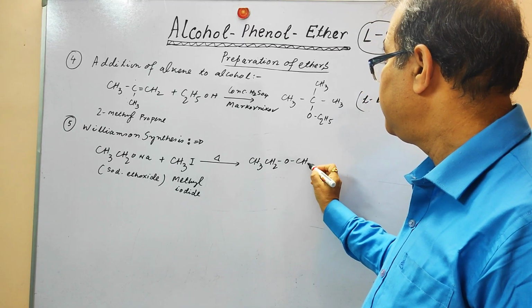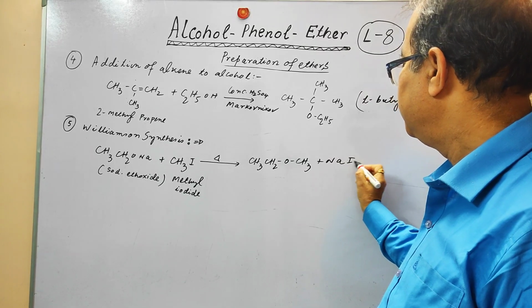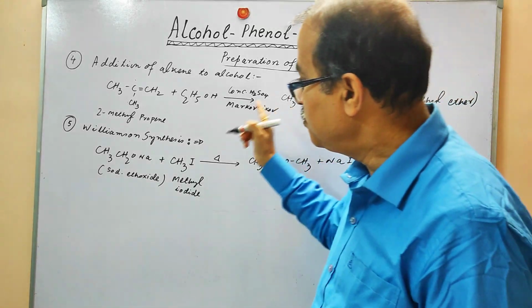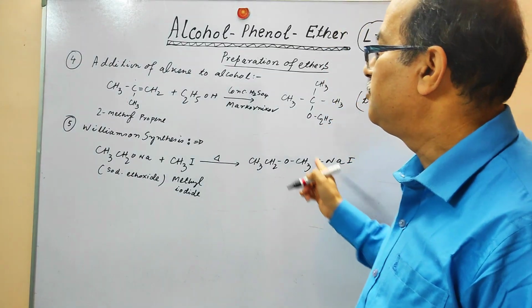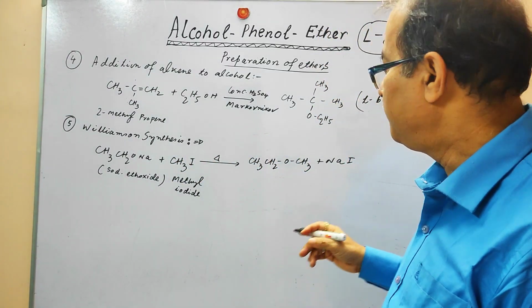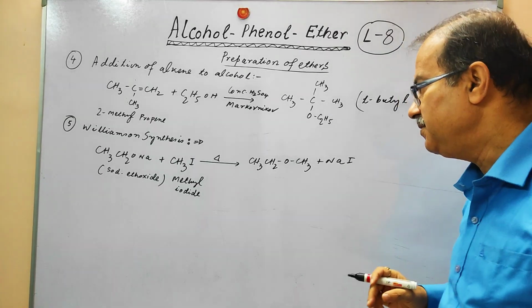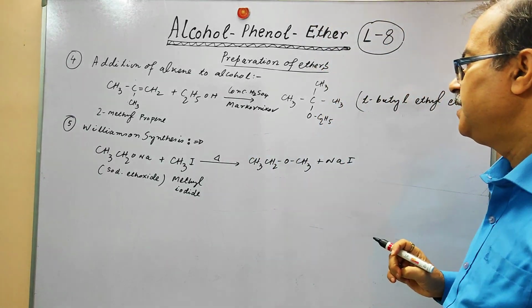Here we can see that the ether has been produced, which is unsymmetric ether. But if we use here the ethyl iodide, then it will again produce the diethyl ether. In this way, you can produce both the symmetric ether and unsymmetric ether.